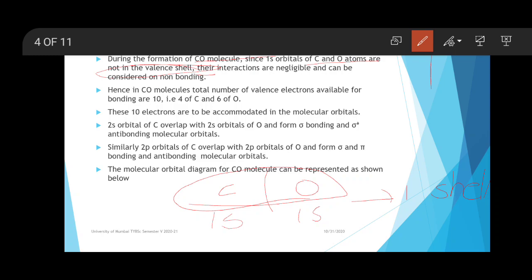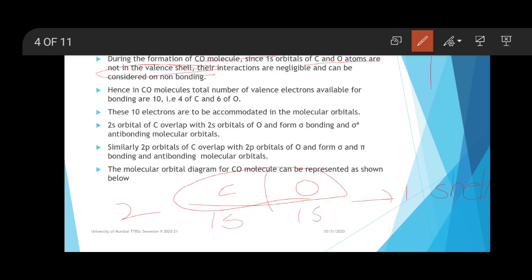As a result, there is formation of non-bonding orbitals. So the 1s orbitals of carbon and oxygen form the non-bonding molecular orbitals.